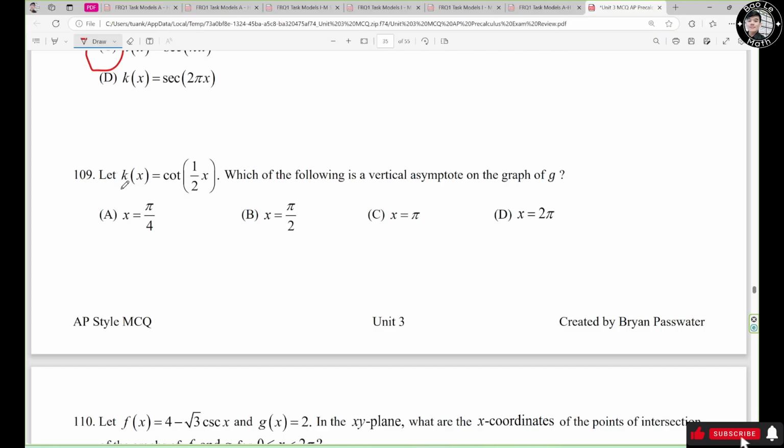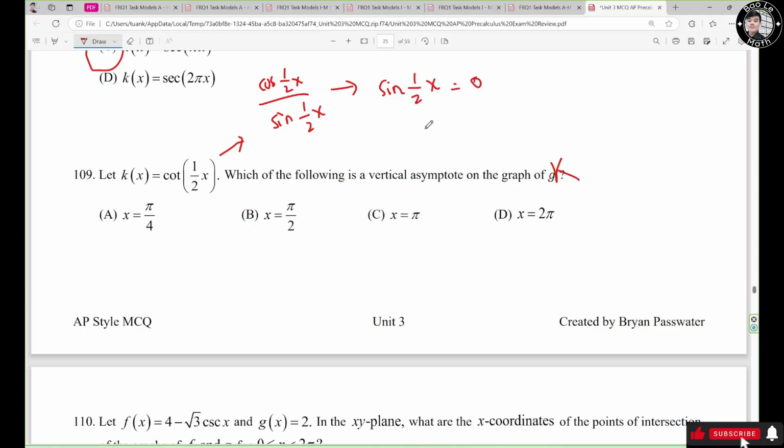Now question 109. Which of the following is the vertical asymptote of the function k? Convert this one into cosine and sine, so it could be cosine of 1/2 s over sine of 1/2 s. This one is undefined when the denominator equals 0, so sine of 1/2 s equals 0.